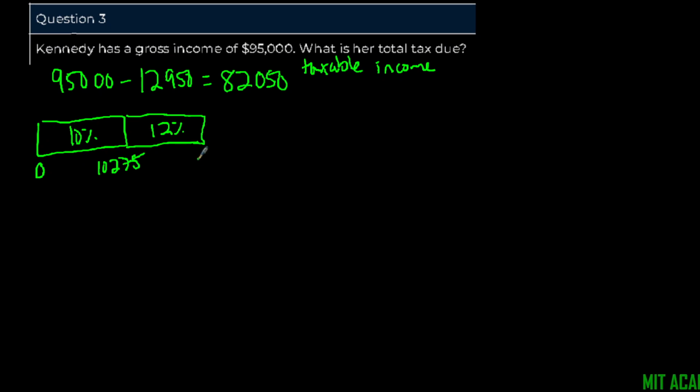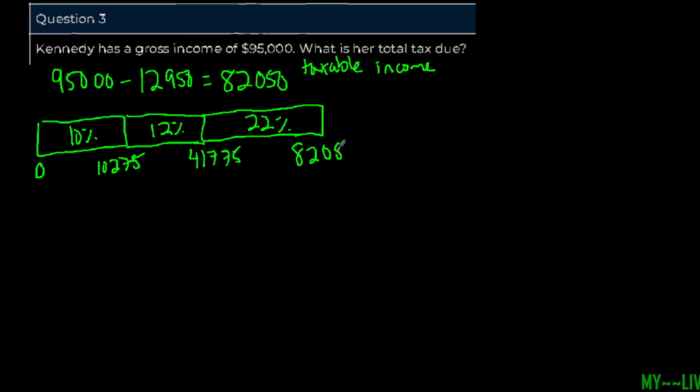So we're going to take 41,775. And then the next section is going to be 22%. So then 22% is going to be from that to the 82,050.